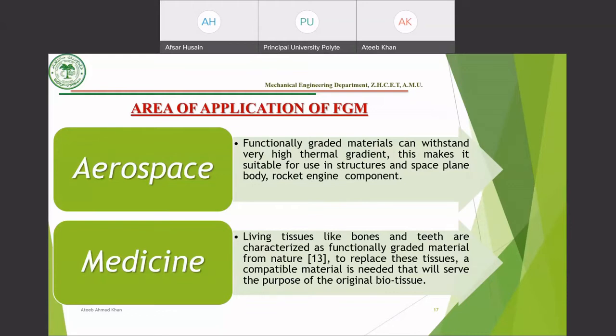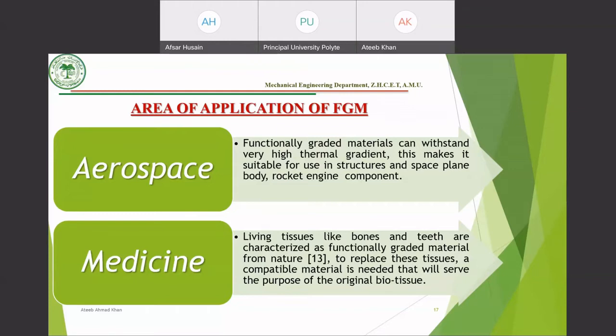So when we remove a bone and bring in a metallic implant, the stress previously carried by that bone is reduced, and hence the density of the bone reduces because the load on that bone decreases. This happens because of Wolff's law. This is what we call the stress shielding effect, and it is reduced significantly in the case of FGM implants.